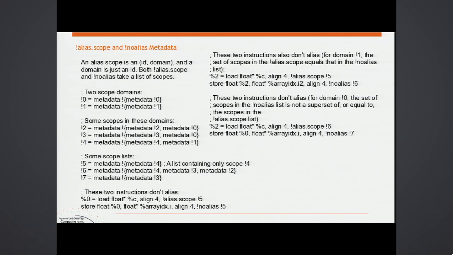OK. So next, we're going to talk about aliasing metadata. Now, this is something dear to my heart, since I've worked an awful lot on this. I'm going to skip forward in a minute and then come back to this slide after I do the example, because I couldn't put this and the example and everything on the same slide, so I apologize.